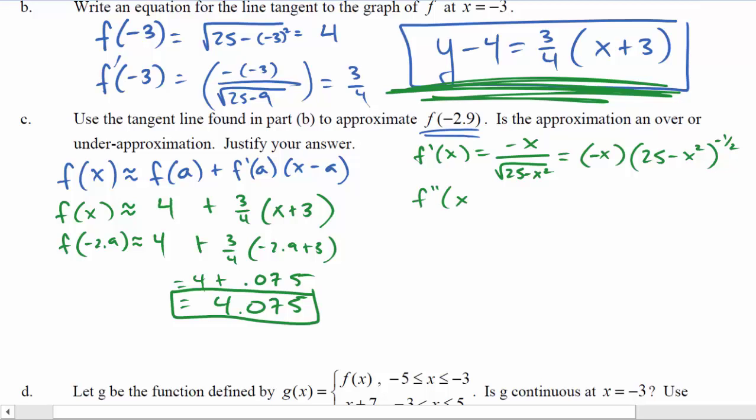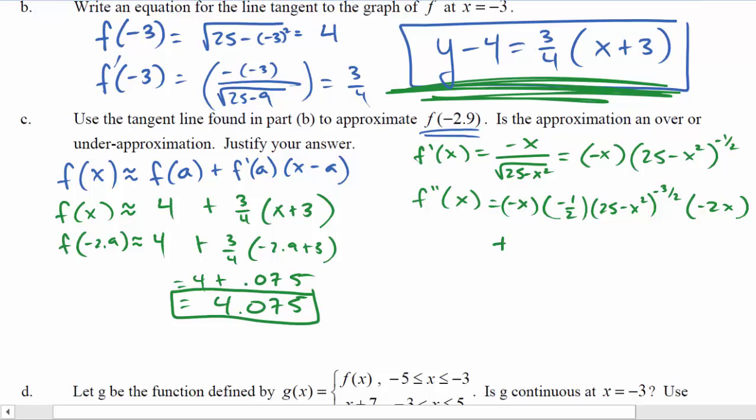f double prime of x would equal, keep negative x the same, take the derivative of 25 minus x squared to the negative 1/2. So that'll be, put a negative 1/2 in front, 25 minus x squared to the negative 3/2, times the derivative of the inside, which is negative 2x.